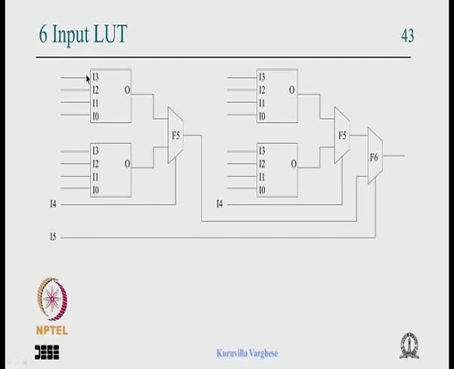So you have ABCD here, E is same for both, because when E is 0 you program here, E is 1 program here, E is 0 program here, E is 1 program here, and when F is 0 you program this section, when F is 1 it is this section.